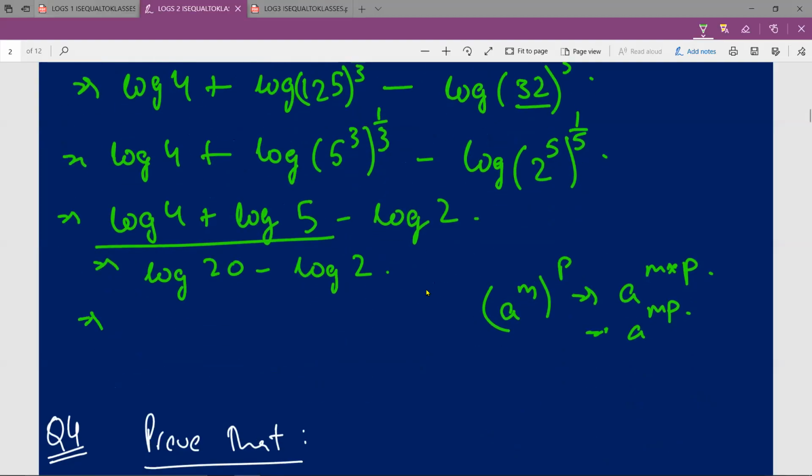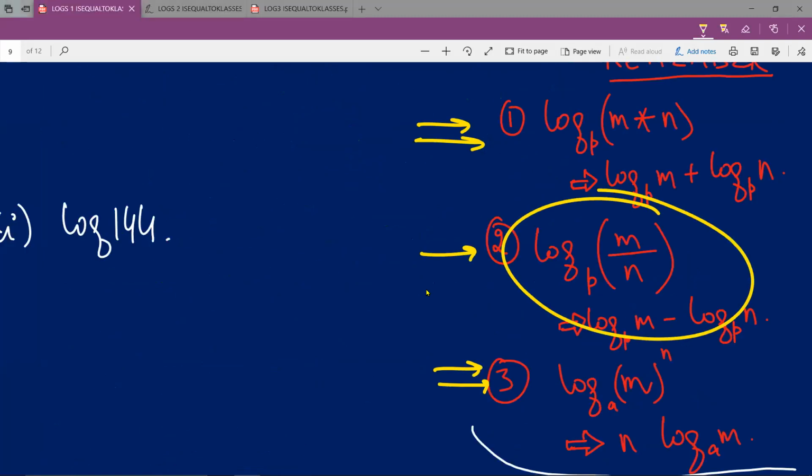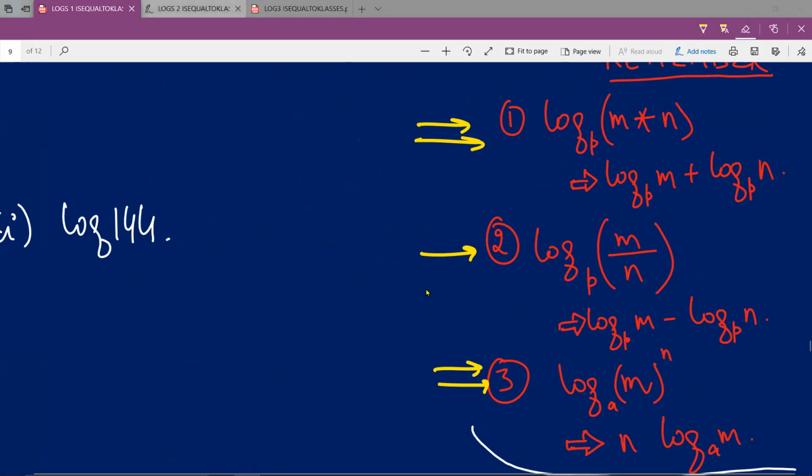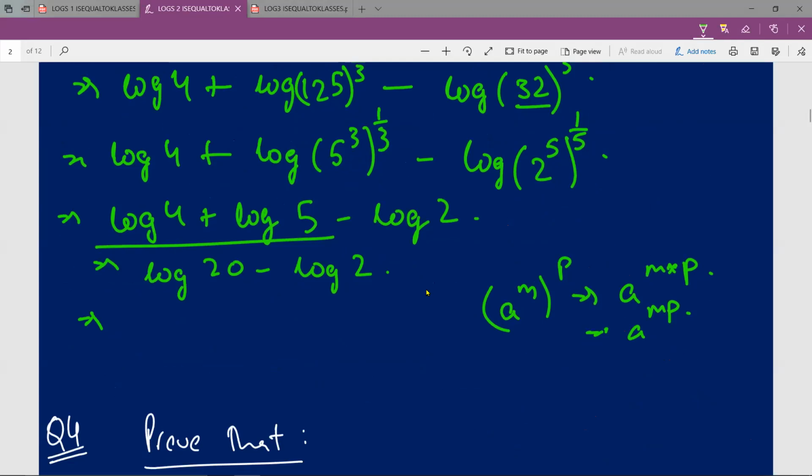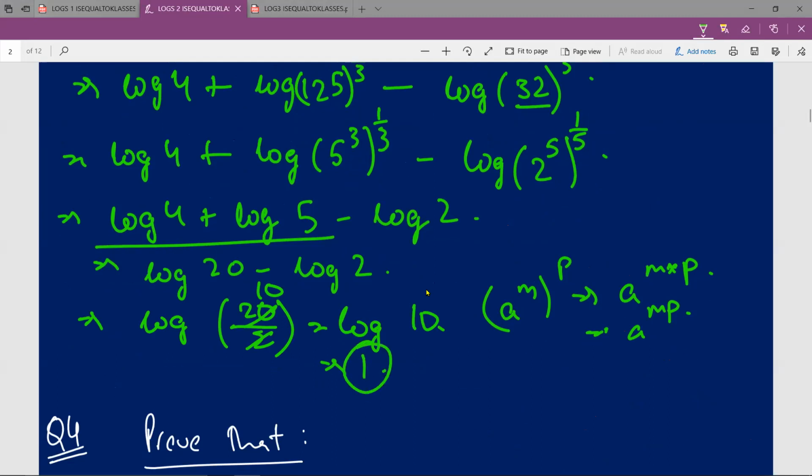Now applying the second law, I could write this as log of 20 by 2, which would be 10. So therefore, log of 10, which in my earlier subparts I had calculated and concluded as 1. So therefore, 1 will be the final answer.